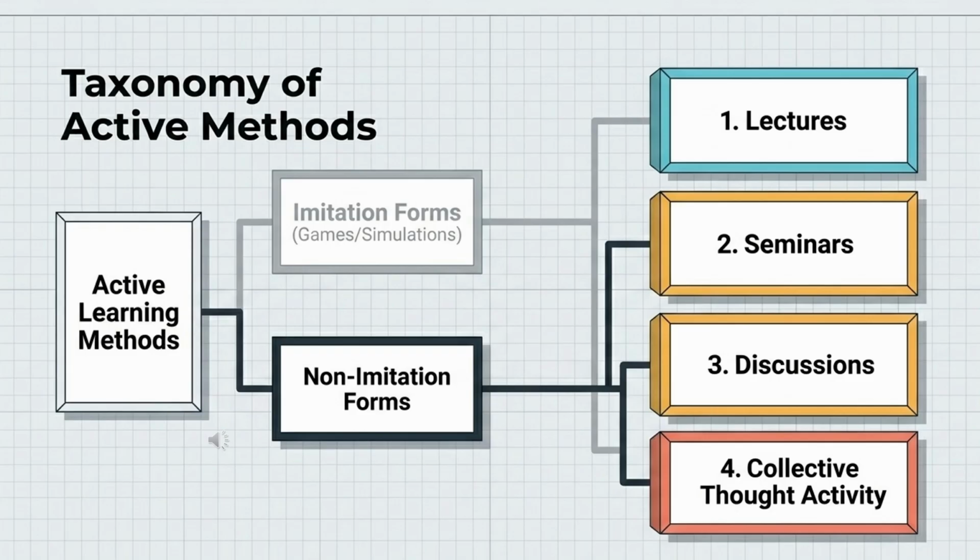The slide also lists 4 broad organizational forms: lectures, seminars, discussions, and collective thought activity. Therefore, active learning is not limited to one format. On the contrary, it may be embedded in several established university forms, provided that these forms are structured in such a way as to stimulate inquiry, dialogue, and intellectual initiative.